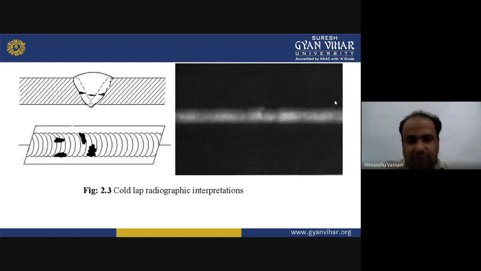And in the bottom figure, you can also see the mark showing the cold lap space. So this cold lap is a discontinuity which needs to be considered and is found to be a defect or a discontinuity in the welding, or you can say in the weldments. So this is a kind of radiographic interpretation known as cold lap, that is a defect in the weldments.